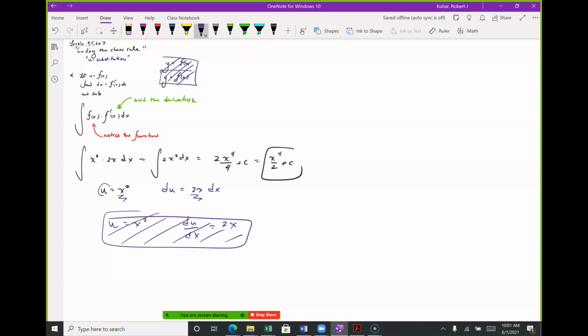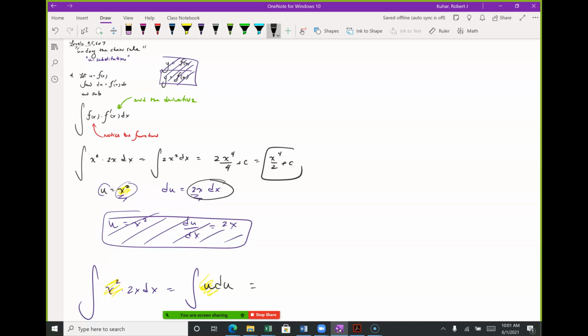So now I make my substitution, right? I'm going right from here. So I get the integral of x squared times 2x dx. What is x squared? That's u. And what is 2x dx? 2x dx is du. And now look where I am.